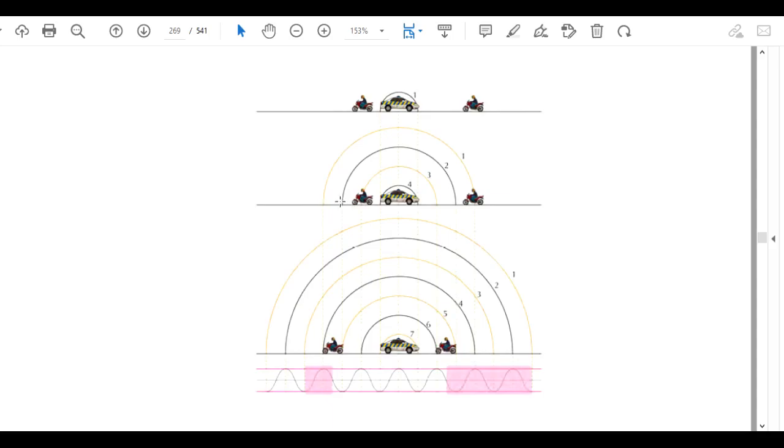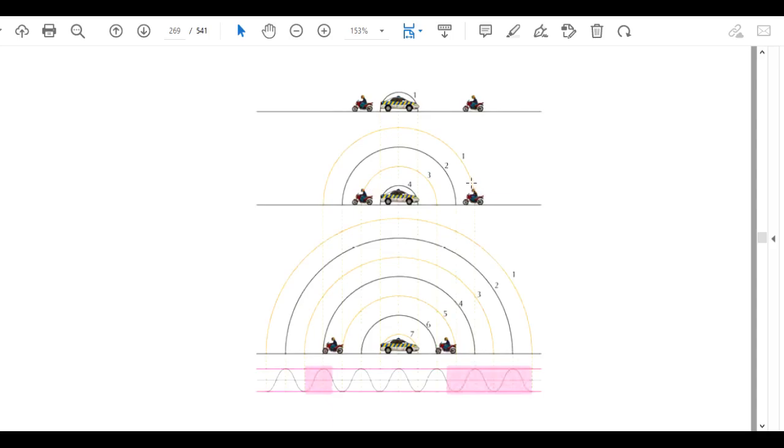He will not experience a lot. He will only experience this trough, this crest, and this trough. So he will experience two troughs and one crest.